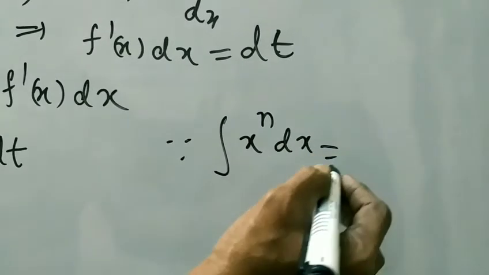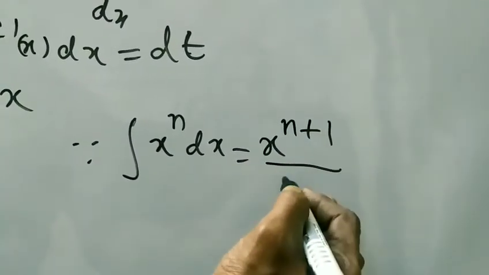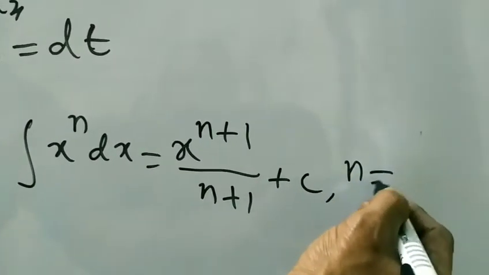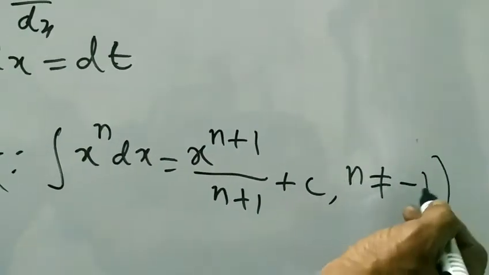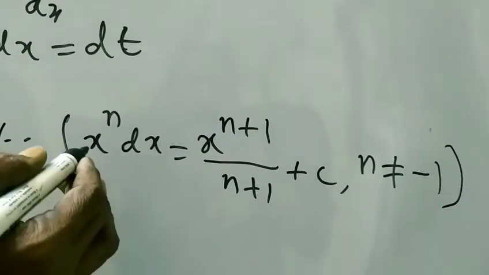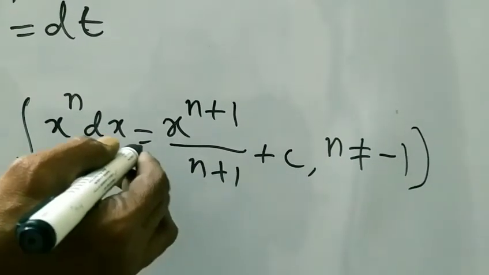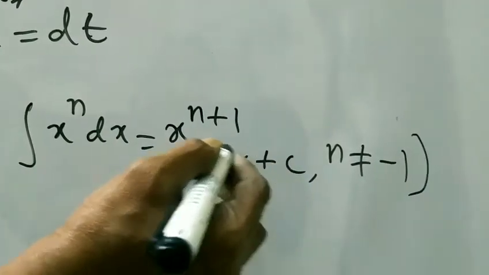Since integral of x to the power of n dx is equal to x to the power of n plus 1 by n plus 1 plus c, where n does not equal minus 1. According to the basic concept, integral of x to the power of n dx is equal to x to the power of n plus 1 by n plus 1 plus c, where n does not equal minus 1.